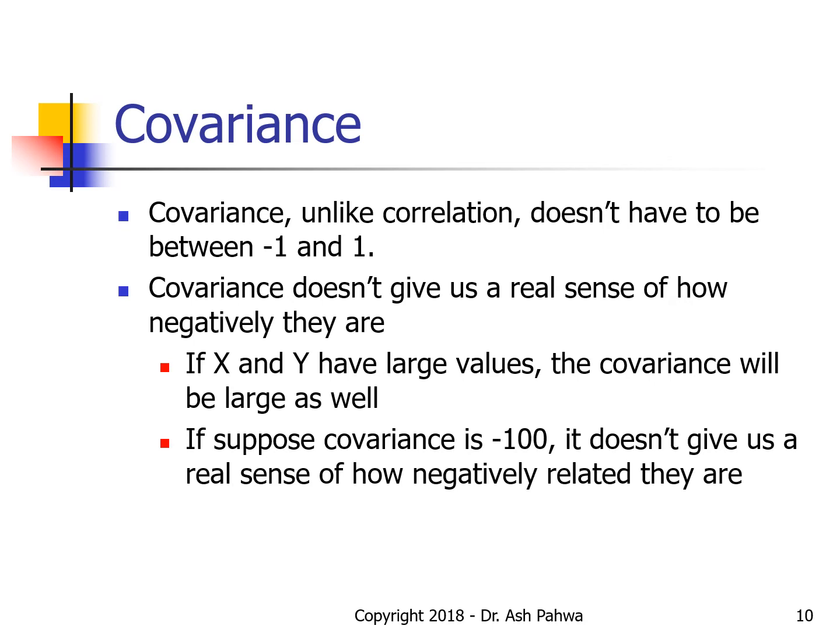So covariance is not a metric which gives us a real sense of how negatively or how positively these two variables are related. If the x and y values are large, then the covariance, of course, will also become large. For example, if somebody says that the covariance is -100, it does not give us a real sense of how negatively these two variables are related. Fortunately, we can solve this problem with correlation, which we are going to discuss next.